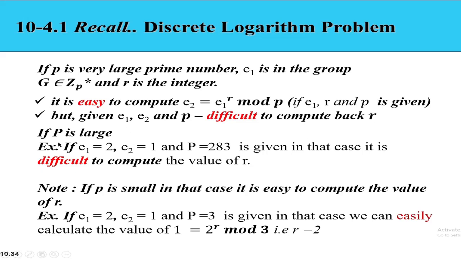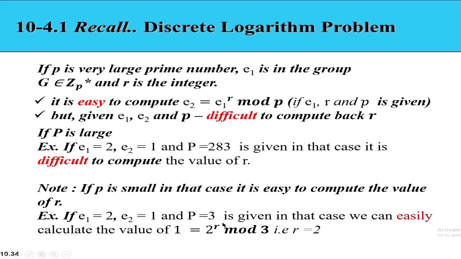So let's see the example. Here, if P is a large value, with E1 equal to 2, E2 equal to 1 and P equal to 283, and we apply that formula, it is very difficult to compute the value of R. But if P is very small, we can easily compute the value of R. As you can see from the example, E1 equals 2, E2 equals 1 and P equals 3.